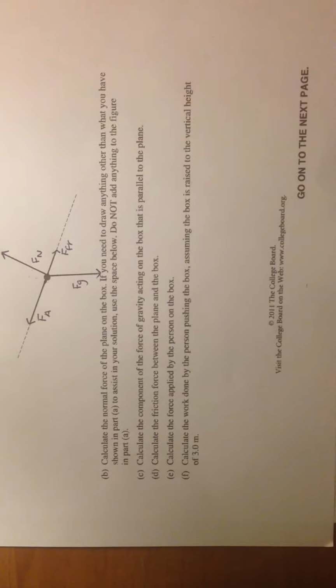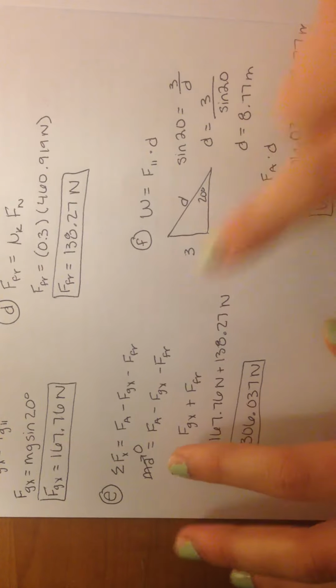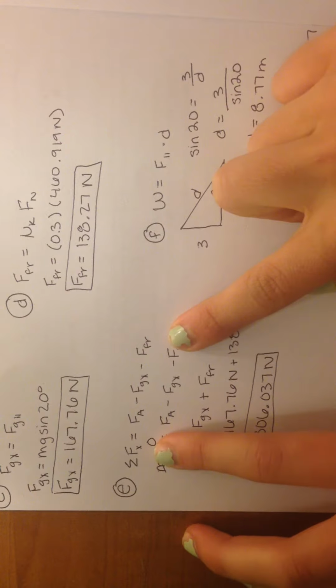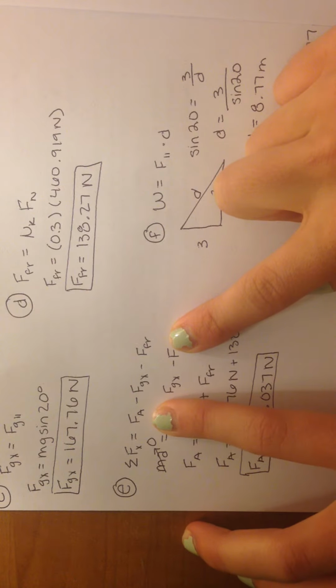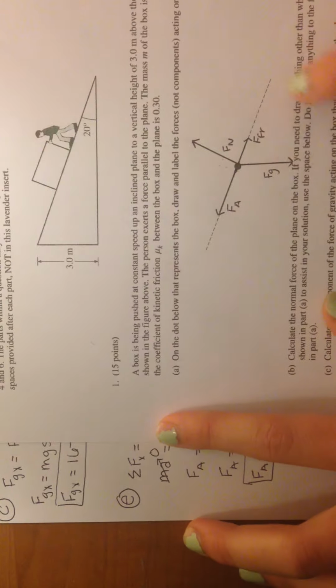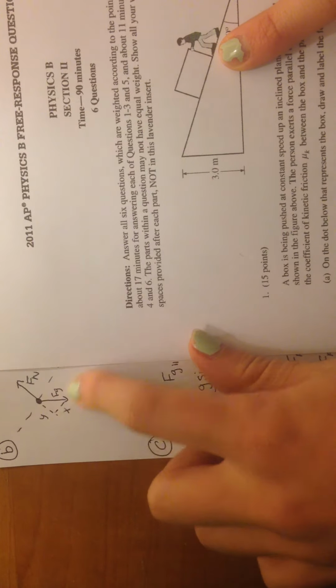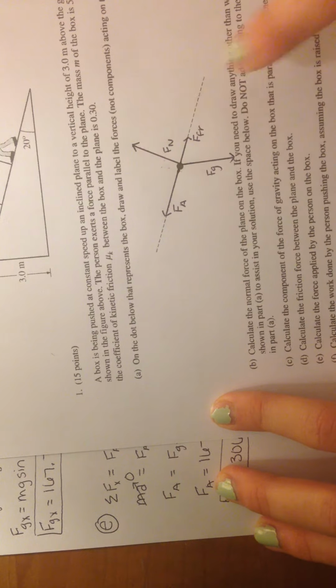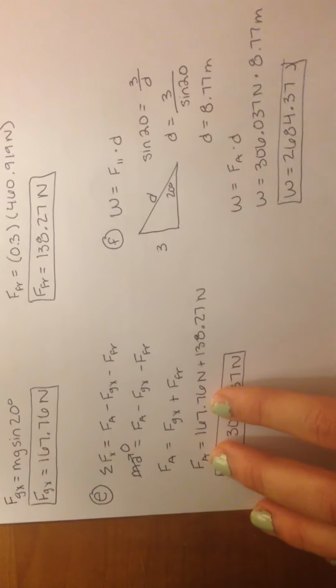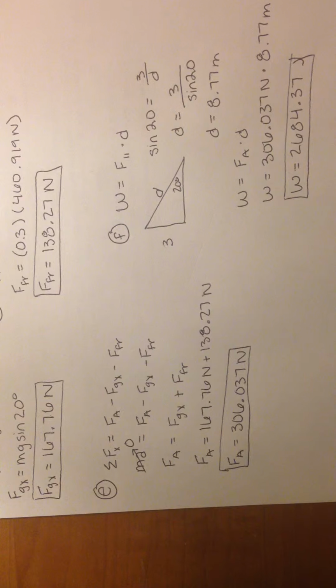Now part E is where it'll get a little trickier, and part E says calculate the force applied by the person on the box. So we again set up our sum of forces in the x direction, and then we have our force applied by the person, minus the F of g of x. Remember, it's not just gravity. We have to look at this component of gravity because that's working the opposite direction as our applied force, and then subtract our frictional force. So we set all those equal to mass times acceleration.